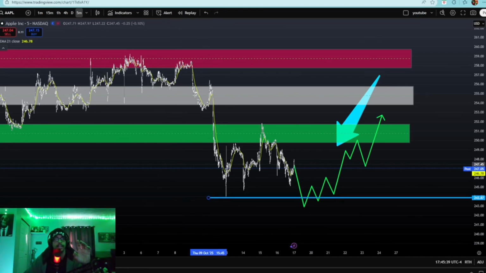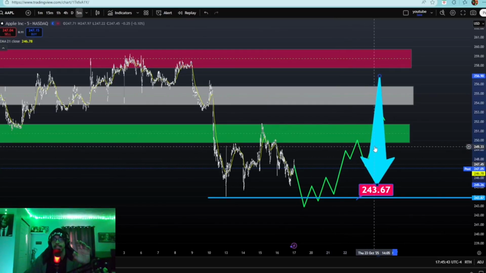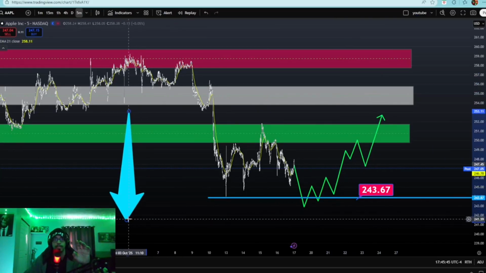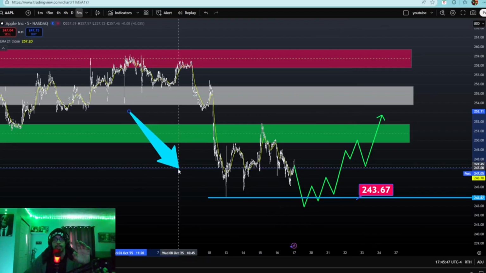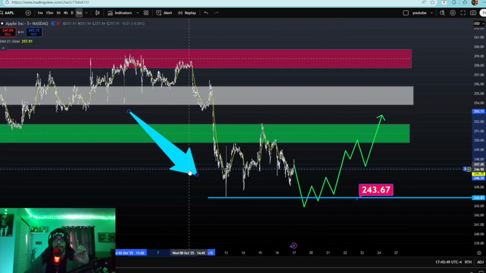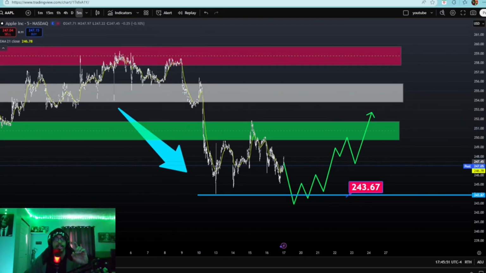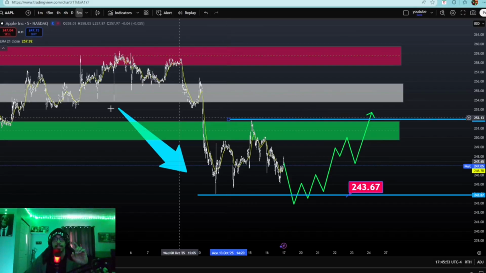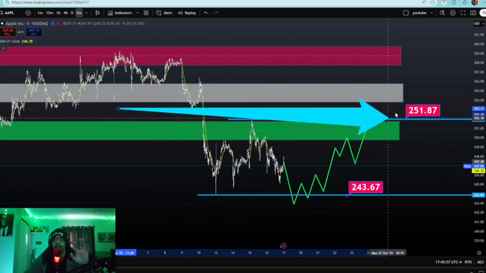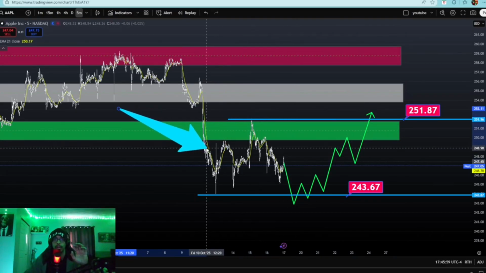We want to get underneath this level here at 243.67. Let me move this over to the right. That's the level you want to look for before trying to buy. What we're trying to capture is back to this prior high, which is subjectively right now at 251. That's going to be the goal ultimately.